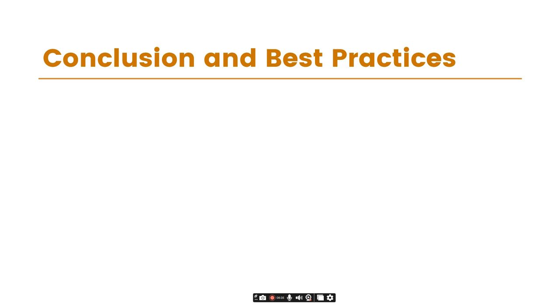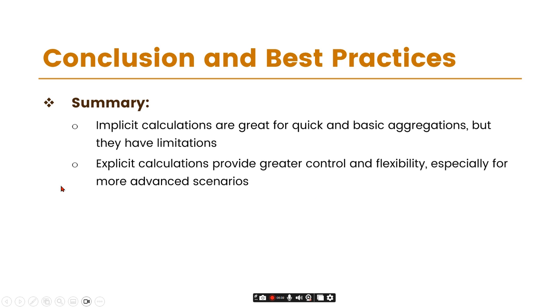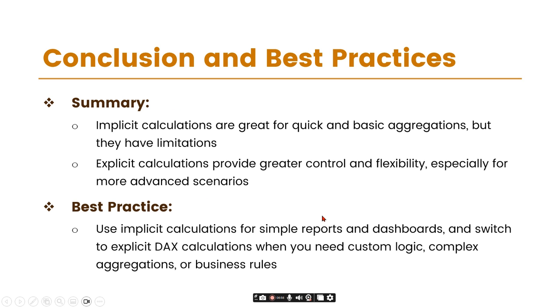Let's summarize what we have learned so far about implicit and explicit calculations. Implicit calculations are great for quick and basic aggregations, but they have some limitations. Explicit calculations provide greater control and flexibility, especially for more advanced scenarios. What is the best practice?